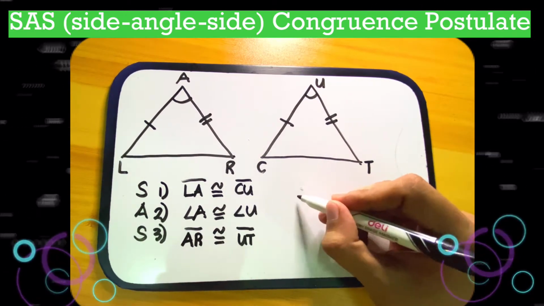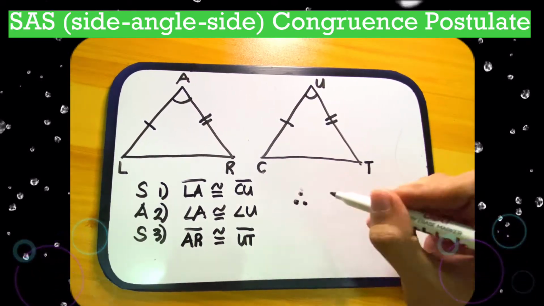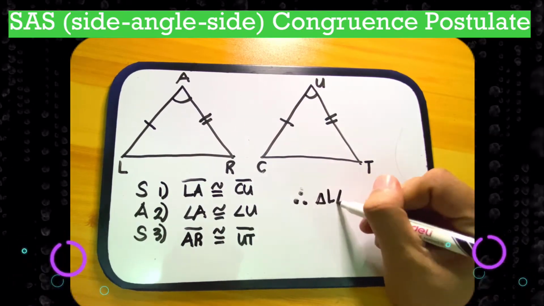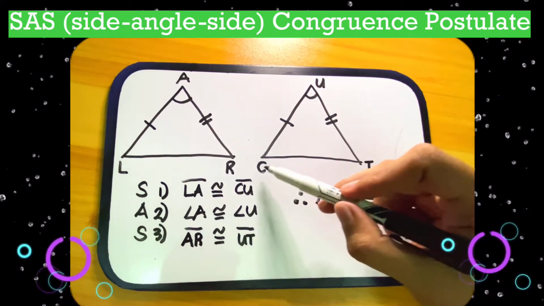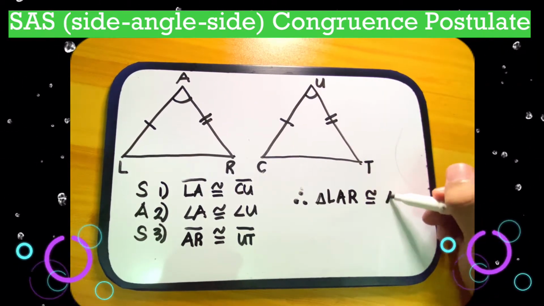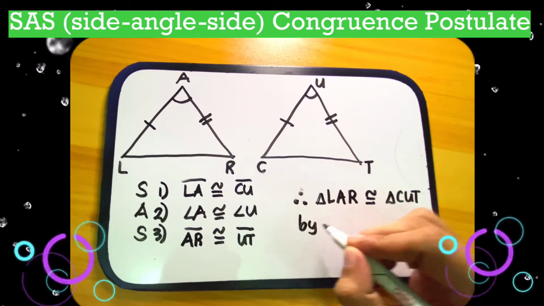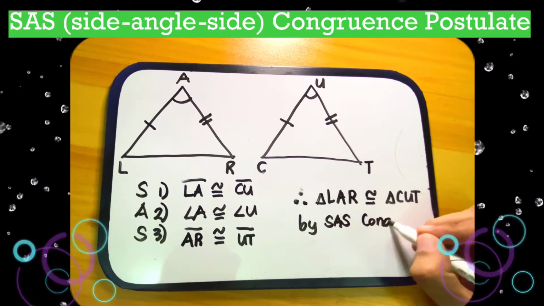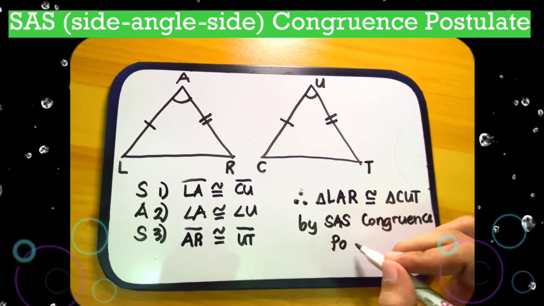So we will write the conclusion. Therefore, triangle LAR is congruent to triangle CUT by SAS congruence postulate.